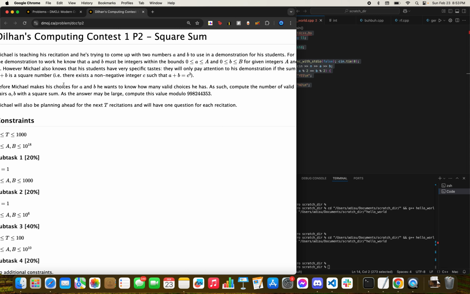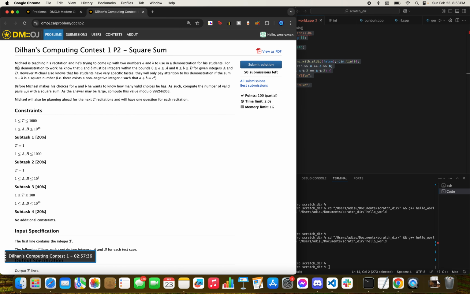Alright, what is this? Michael is teaching his recitation and he's trying to come up with 2 numbers, A and B, to use in a demonstration for his students. For the demonstration to work, he knows that A and B must be integers.